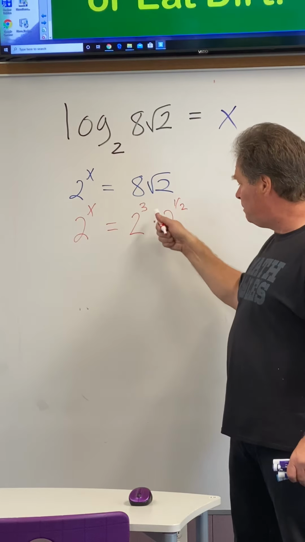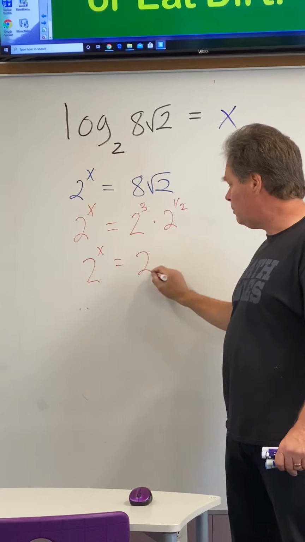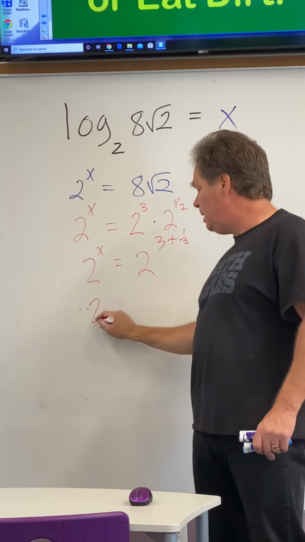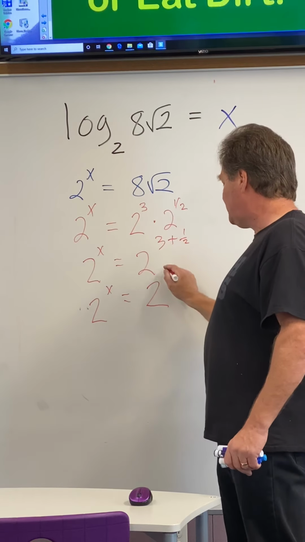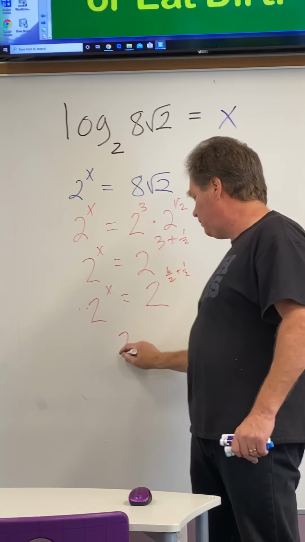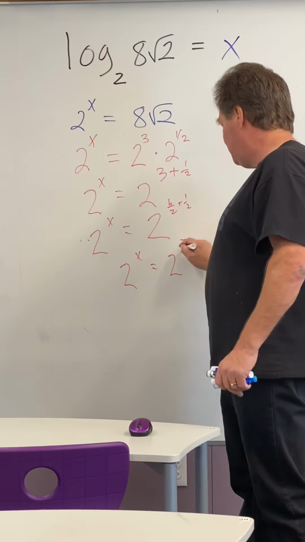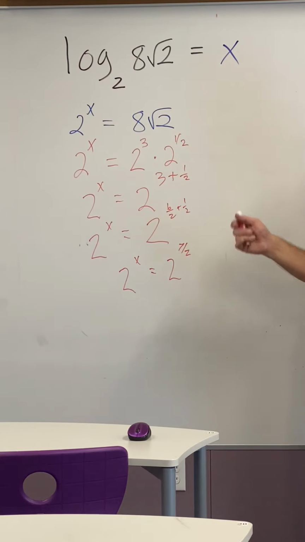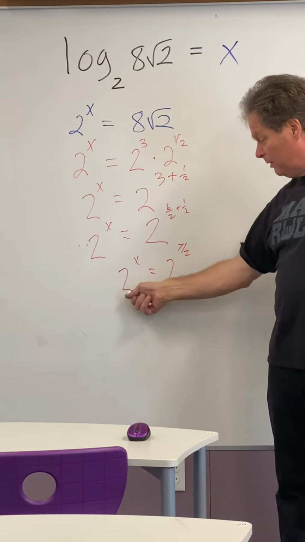Now, 2 to this power times 2 to this power means add the exponents. 2 to the 3 plus 1/2. That's going to be 2 to the x is 2 to the 6/2 plus 1/2, which is 7/2. 2 to the x is 2 to the 7/2 power. Now, this is the nice part. If you can make these powers of the same base, they're both base 2, right?